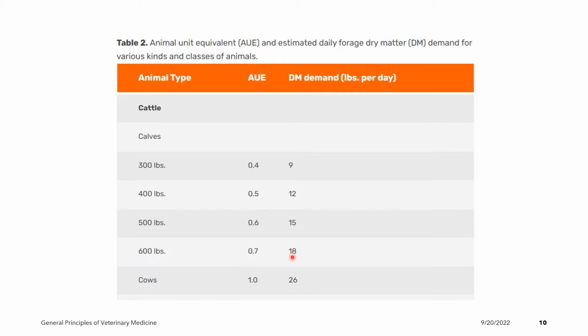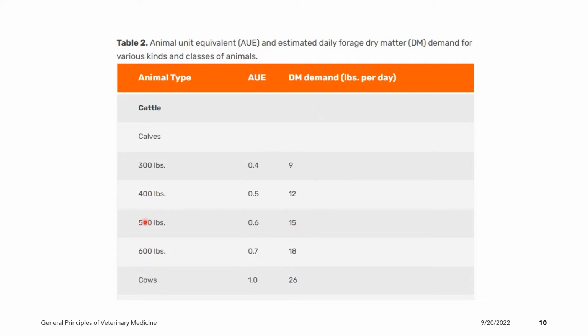Or rather we use 3%: 600 multiplied by 0.03, or 3% on a dry matter basis. 0.03 times 600 is equivalent to 18, and the same is true for other examples.